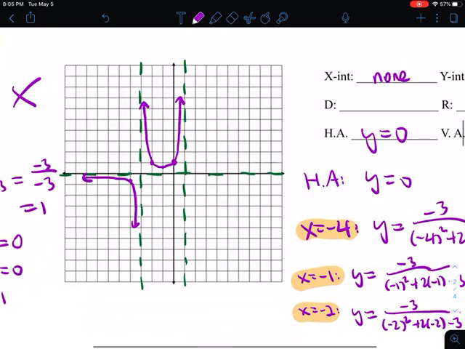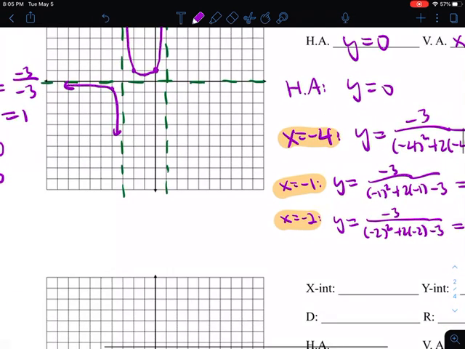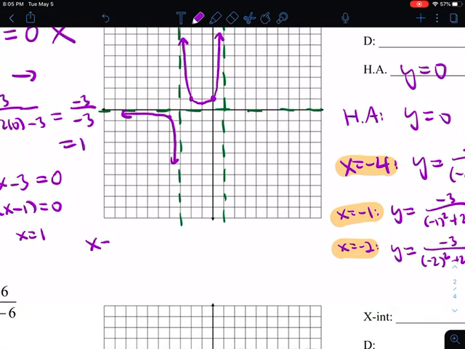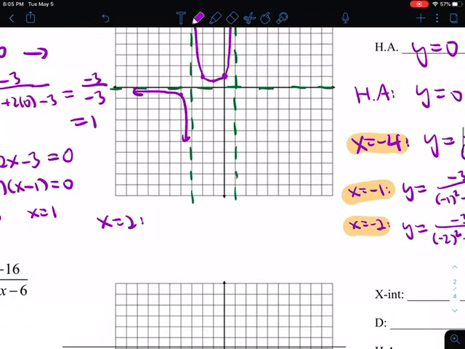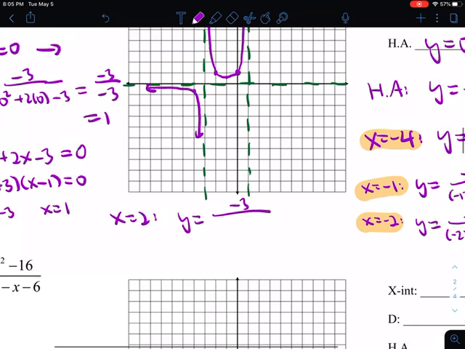Okay, and then let's go ahead and look at our very last region, which is over here. Let's pick an x value that's in that region. And let's say I can pick x equals positive 2. So I'll do it down here, x is 2. And then I get y is equal to negative 3 over x squared plus 2x minus 3.